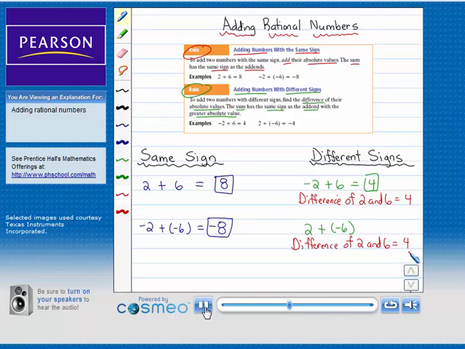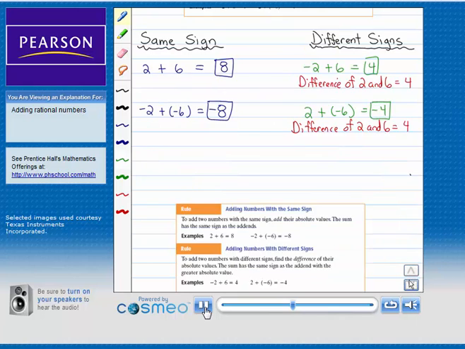Now I'm going to assign this number the same sign as the addend with the greater absolute value, and that's going to be right here. This negative 6 is going to give us a negative for our sum. So I'm going to have a negative 4. So if my addend with the greater absolute value is negative, I'm going to have a negative answer.